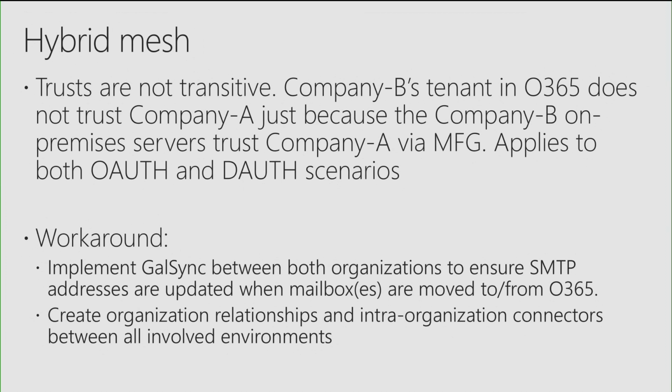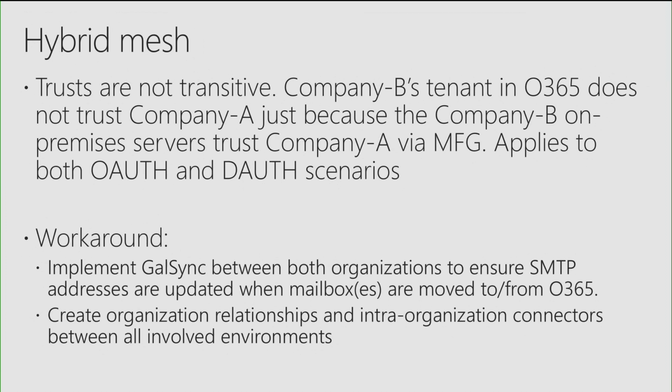So how do you resolve this? One way to resolve it is to actually implement GalSync and have directory synchronization between those organizations so that the directory in Company A actually understands where the mailboxes are for Company B and can reach out to the appropriate location, whether it's the on-premises deployment for Company B or Office 365.